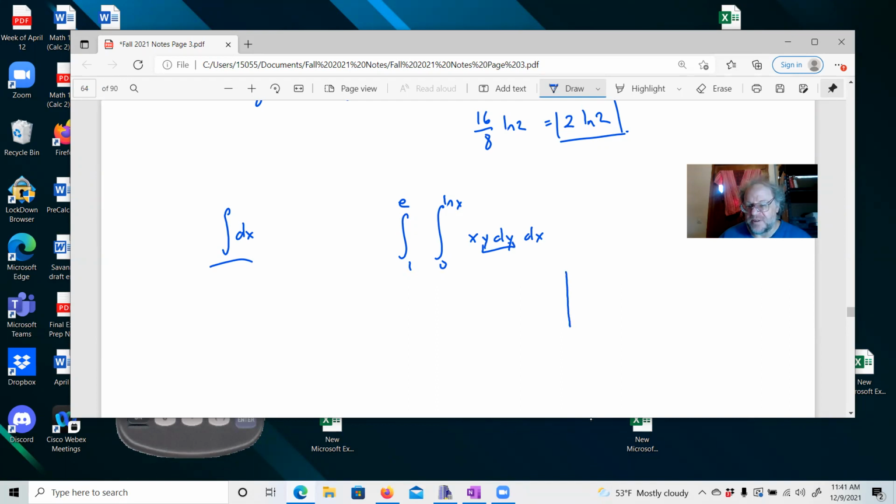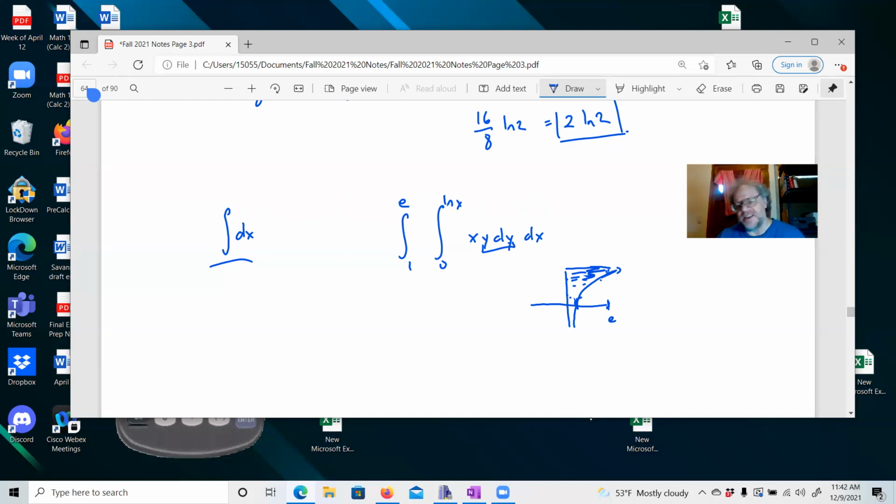But if we wanted to integrate y from 0 to ln x, we would also need x going from 1 to e, so we'd have this region here, and then we'd have to convert. I don't recommend doing it that way. I did not pick a problem where it would be easier if you did it the other way. I just picked it so you can integrate in order and not have to worry about it.